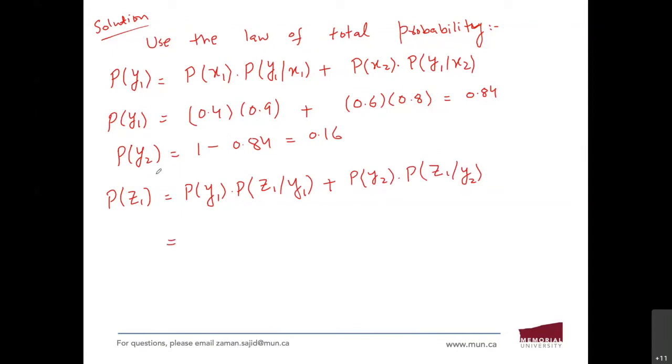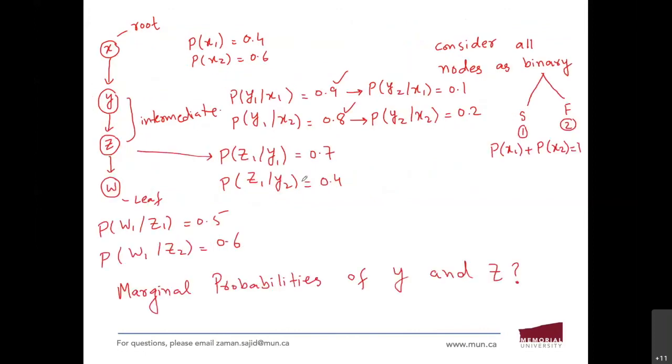Now this value we just found out, the marginal probability of y1, is 0.84, times the probability of z1 given that y1. Let's go back to the network and see this value. It is 0.7 here.